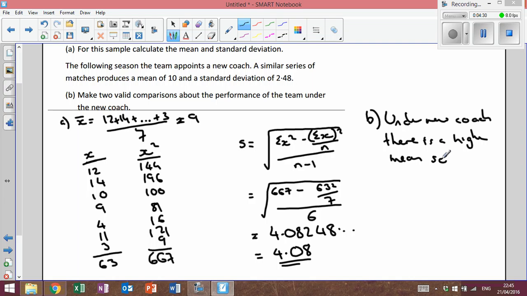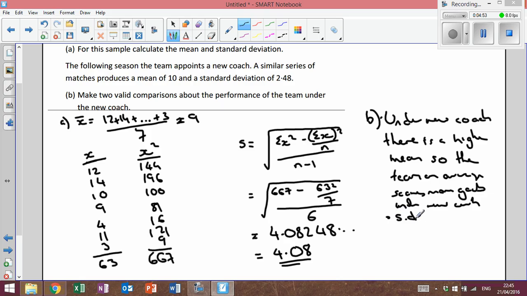So the team on average scores more goals under the new coach. Okay, so that's your first point. Your second comparison with standard deviations will start with your fact again. Standard deviation is lower under the new coach.